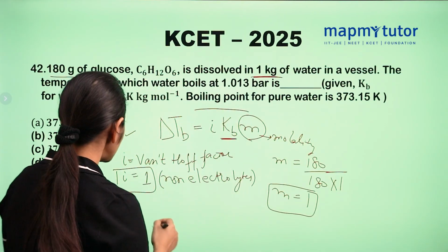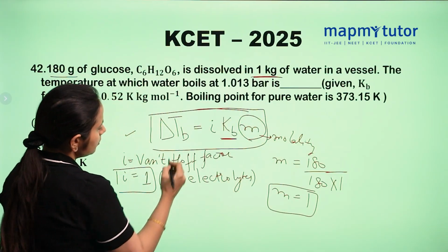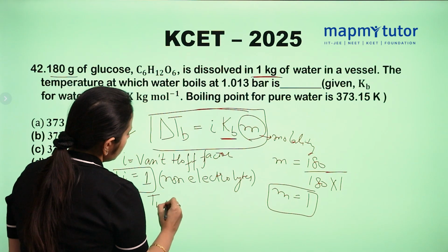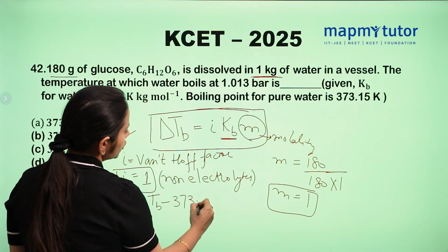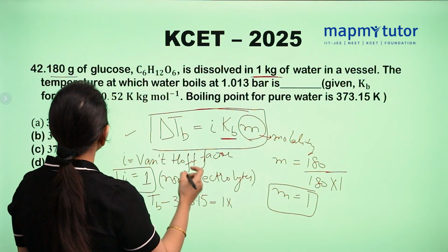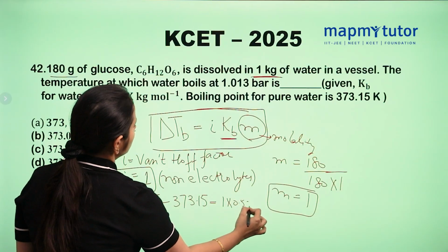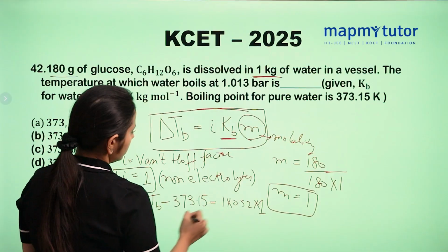Okay. Now, let's put all this in this equation. Delta Tb, it will be Tb minus 373.15, that is for the pure solvent, is equal to 1 into Kb value 0.52 multiplied by the value of m, which is again 1.